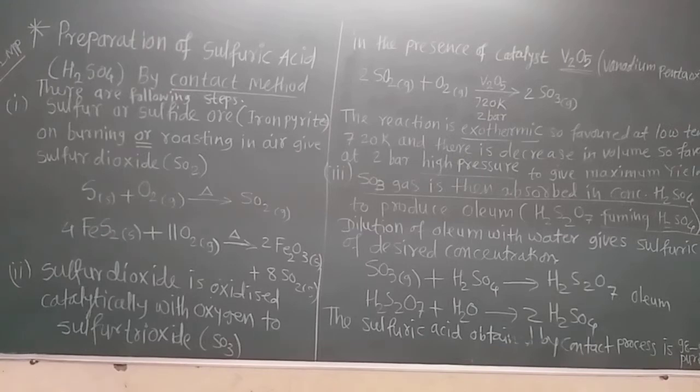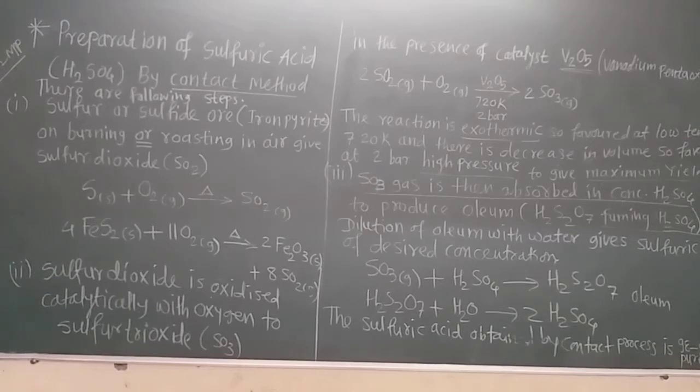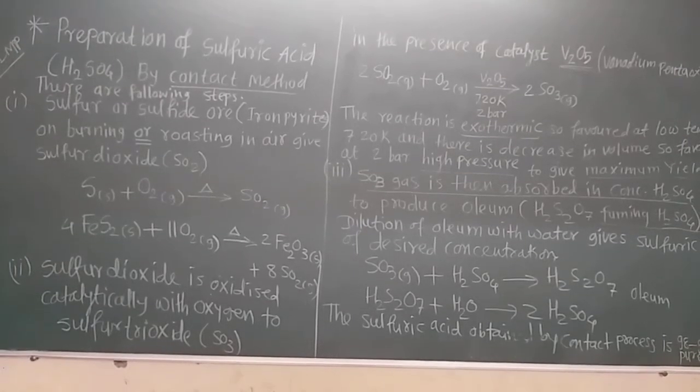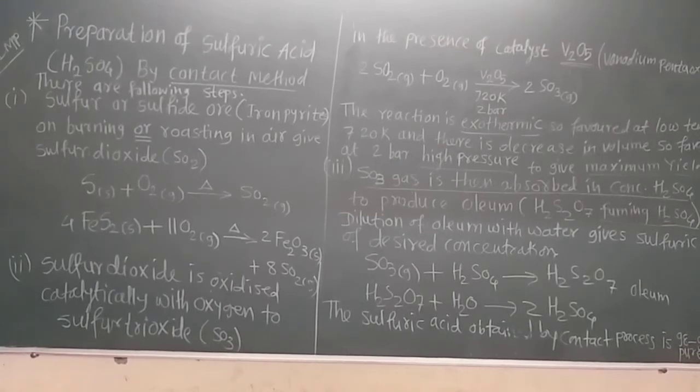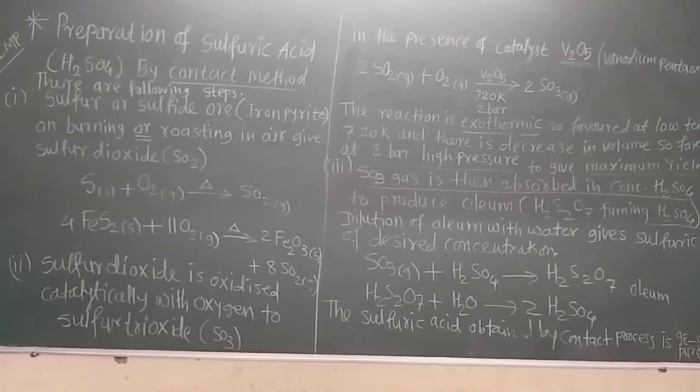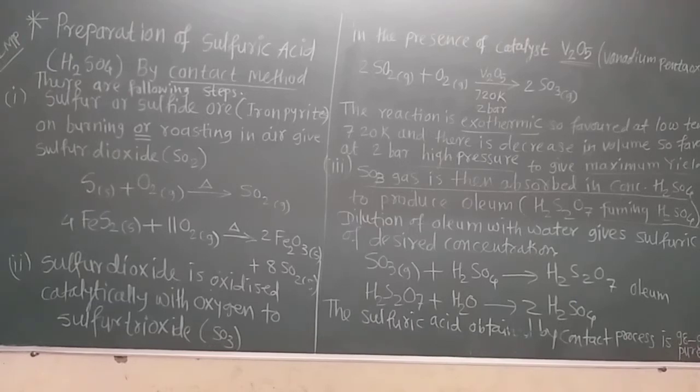After obtaining the sulfur dioxide gas, it is converted by oxidation into sulfur trioxide gas. And in the third step, the sulfur trioxide gas is absorbed first into the already prepared sulfuric acid, due to which there is formation of fuming sulfuric acid.